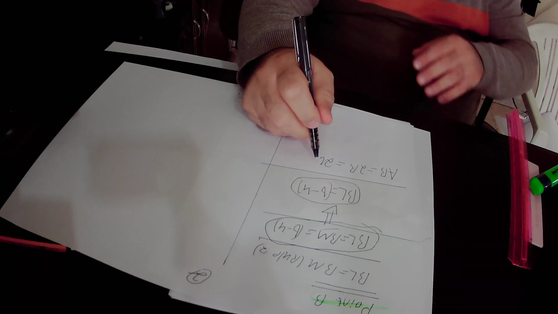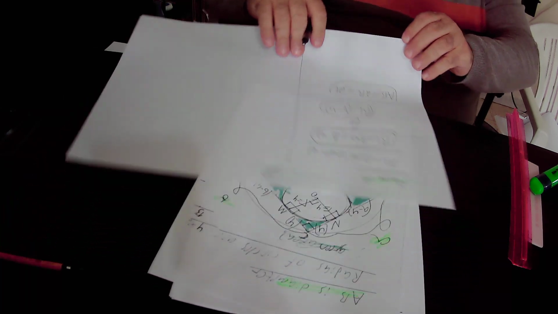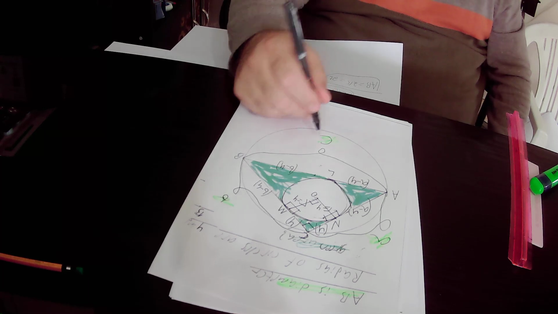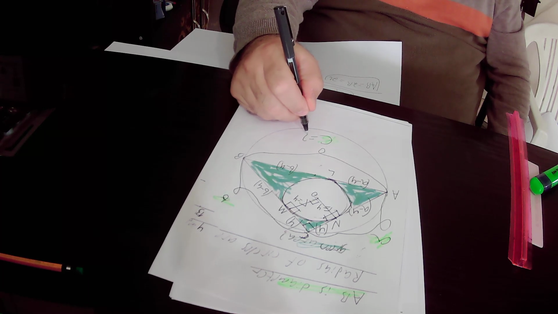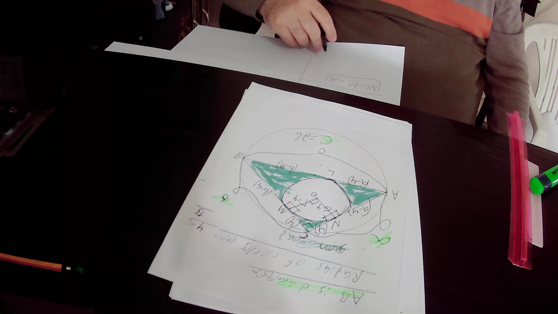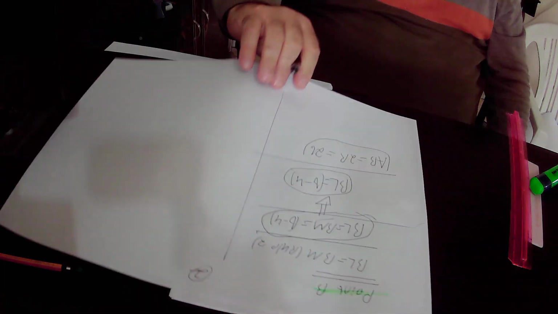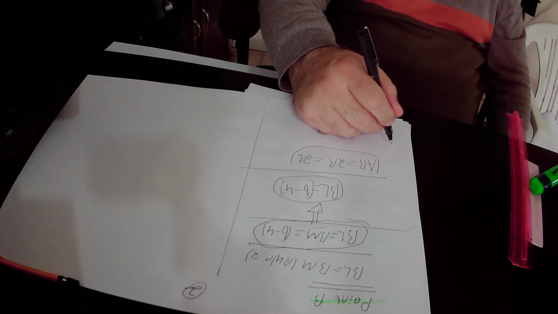This is to say the diameter AB equals 26 units.